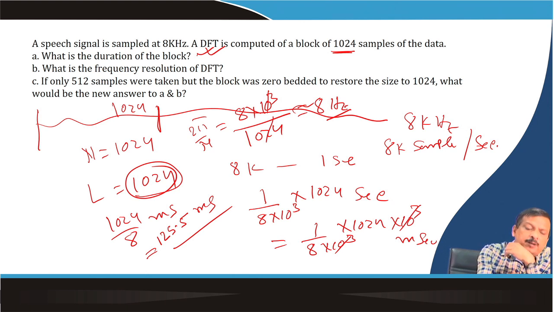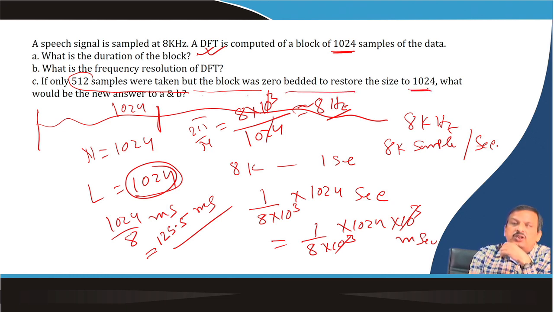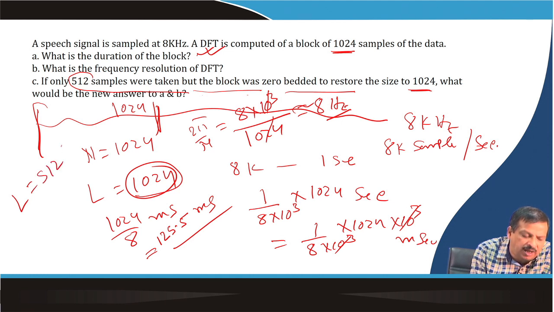Now, if only 512 samples were taken, but the block was zero padded to do a 1024 point DFT, then what would be the new answer of B? What is the resolution? Have you understood? I said instead of taking L equal to 1024, I take L equal to 512 points. 512 data points I have taken, and I padded another 512 zeros to make it a 1024 point DFT.